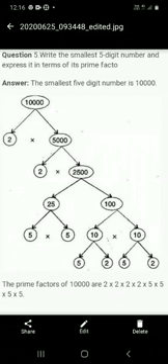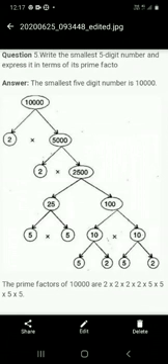Now you factorize 25 and also 100. 25 is factorized as 5 into 5 and 100 is factorized as 10 into 10. Further, 10 also will be factorized, like 5 into 2. So you have the factors. Read it carefully. 2 into 2 into 2 into 2 into 5 into 5 into 5 into 5.